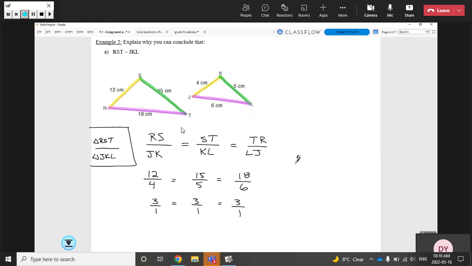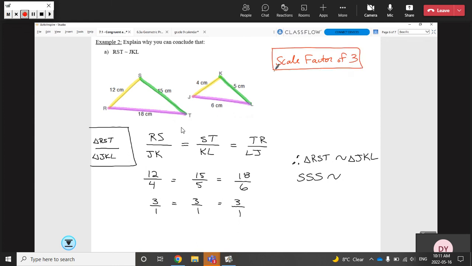Triangle RST is similar to triangle JKL because of side-side-side similarity. All three sides, you can see that there's a scale factor of 3. Now, in this example, it's blatantly obvious that it's 3. Again, I want to remind you in the future, it might not be as obvious.